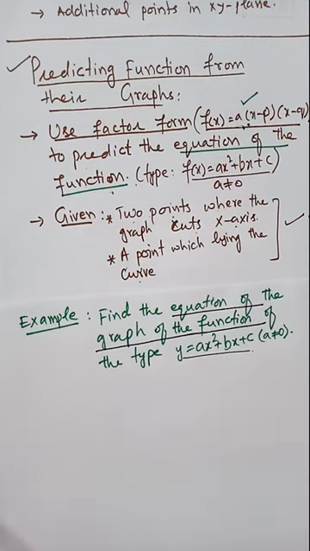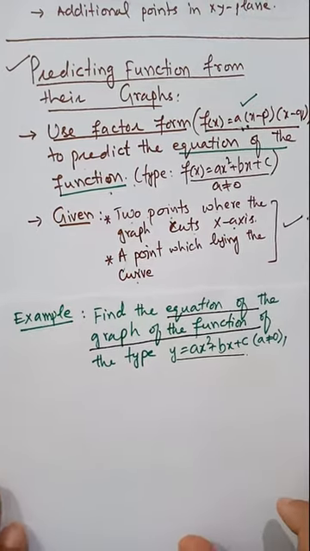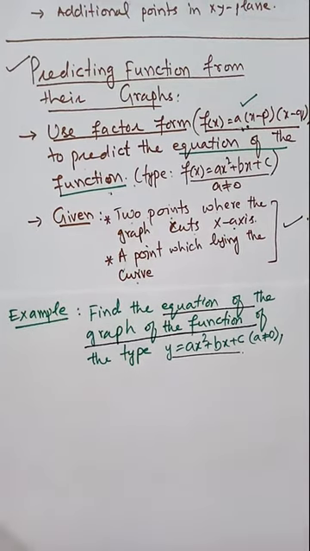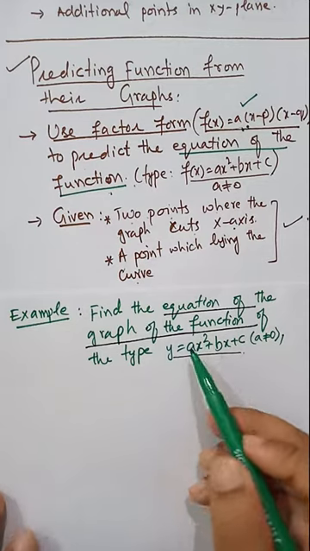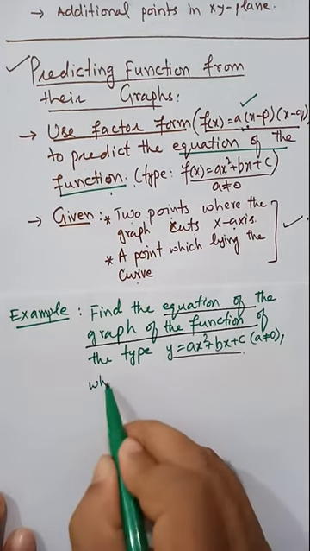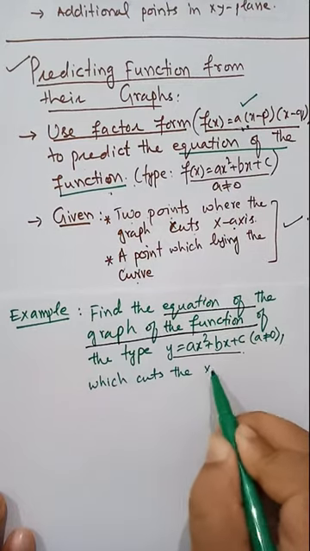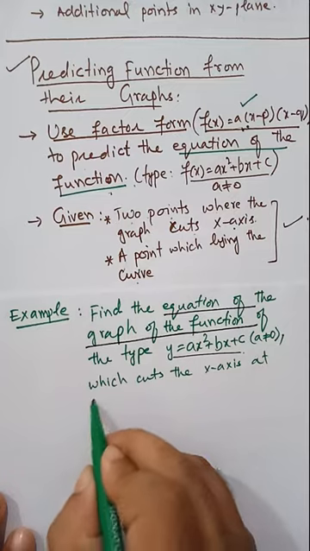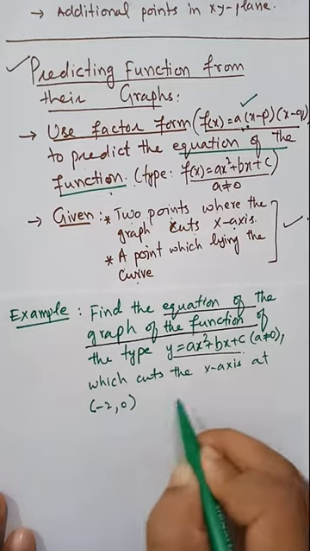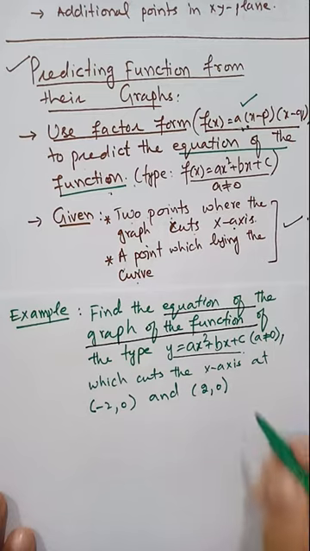What is given? The information that we will use to find this function is that the graph cuts the x-axis at (-2, 0) and (2, 0).